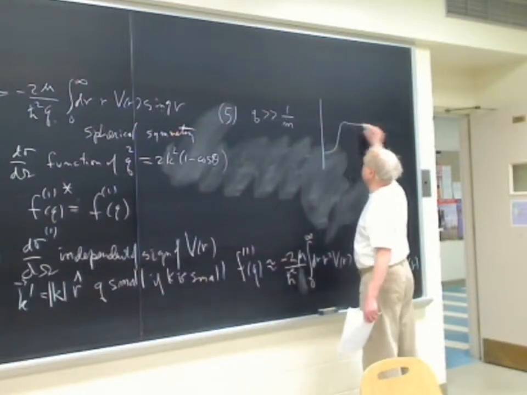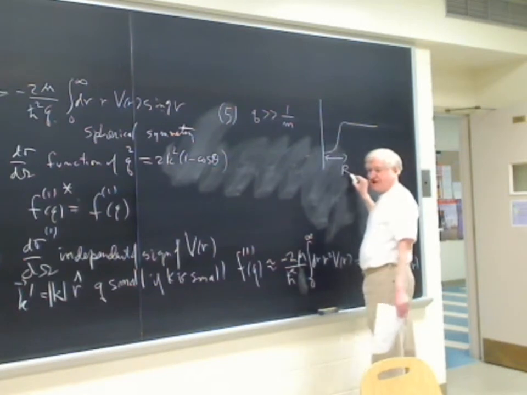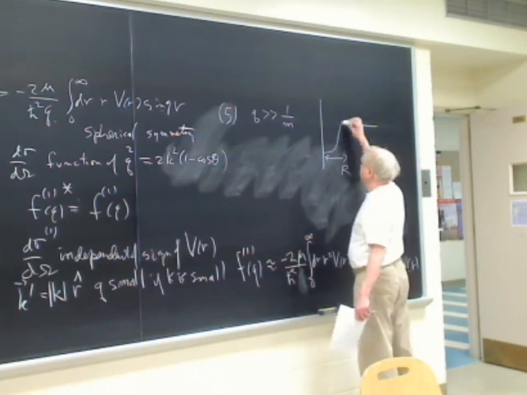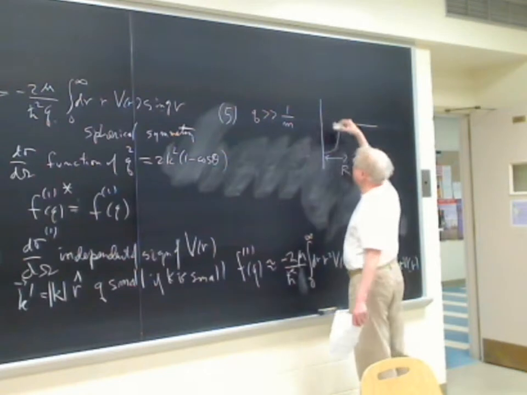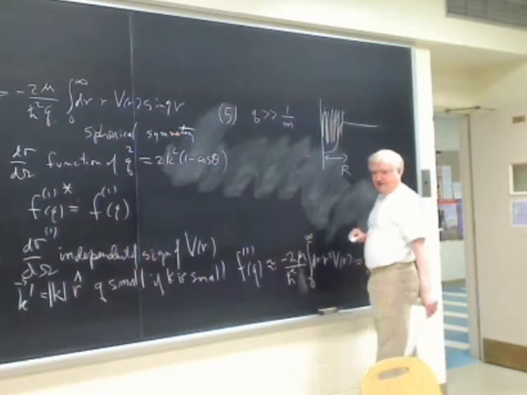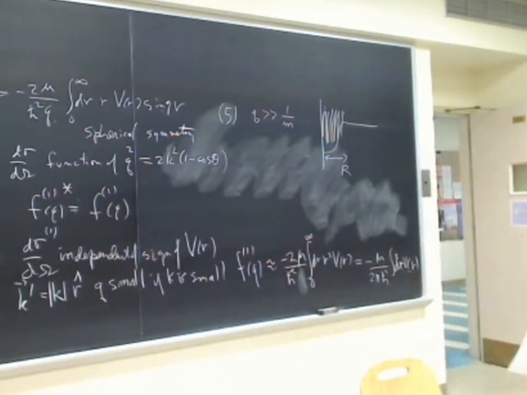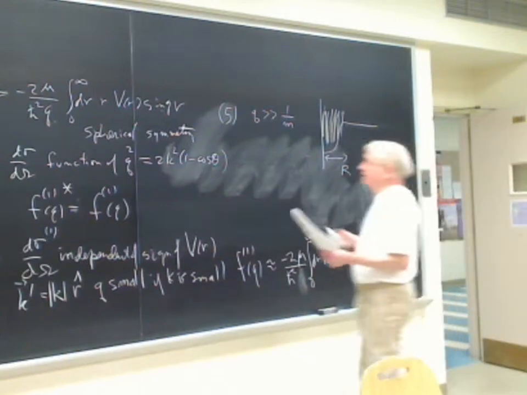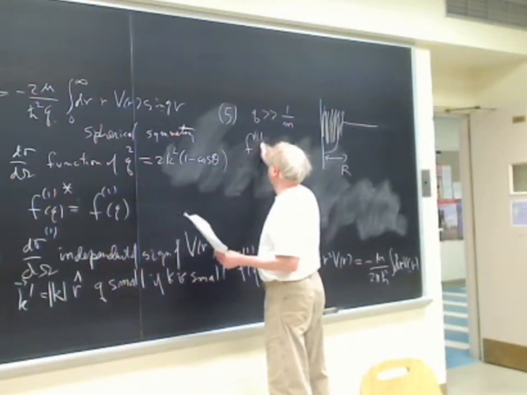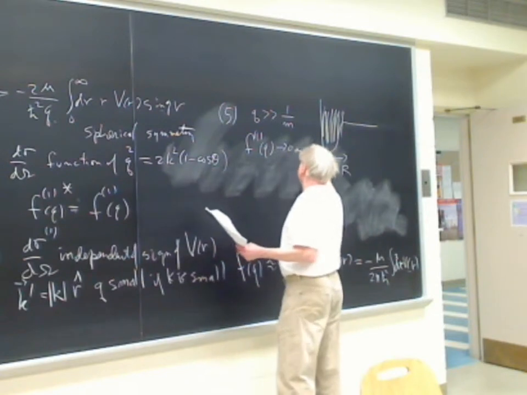Suppose the potential looks like this. The range of the potential is this distance, say, R. And then you're multiplying V times sine QR. Well, as Q goes to infinity, the thing looks like that. And so F1 of Q goes to 0 as Q goes to infinity.